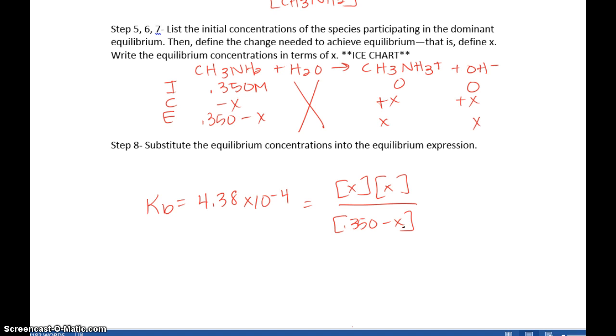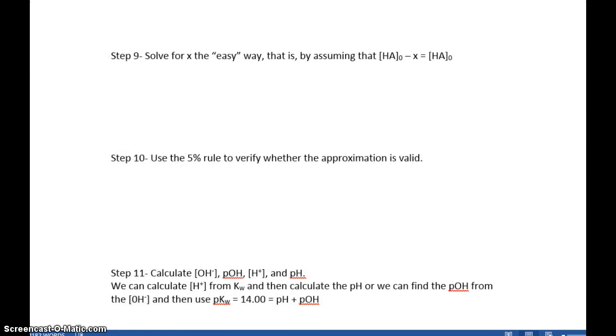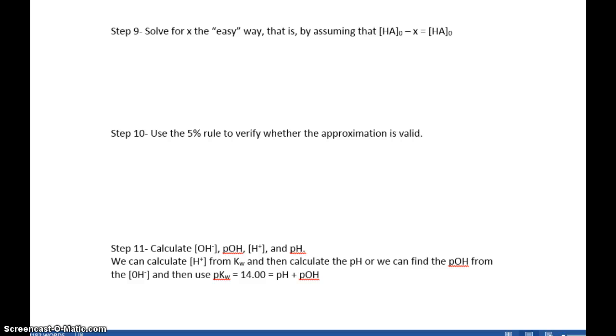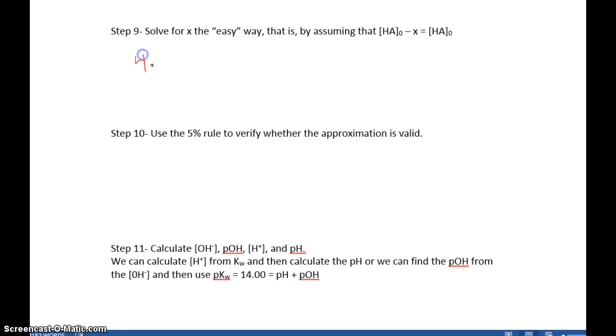And so because we don't want to solve that quadratic, we're just going to get rid of that X. So if you flip to the next page, we're going to do 4.38 times 10 to the minus 4th is equal to X times X over 0.350. We solve for X and we get 0.0124 molar.